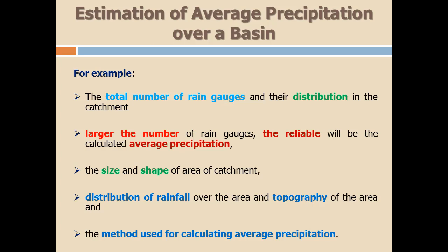It also depends upon the size and the shape of the catchment area. The larger the size of the catchment area, the less reliable the average precipitation will be. It also depends upon the shape of the catchment, the distribution of rainfall over the area and the topography of the area. And the last one is the method used for calculating average precipitation.